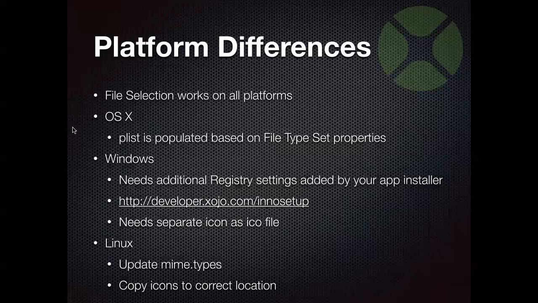My Googling around on this seems to indicate that the location where these images belong varies depending on the Linux distribution you're using, among other factors. So I don't yet have any specific steps for how to configure the icons for file types on Linux. Still looking into that. If I get something working, I will have that written up and added to the documentation. But I wanted to call out that it certainly is possible, but as is the case with a lot of things Linux related, not entirely obvious.